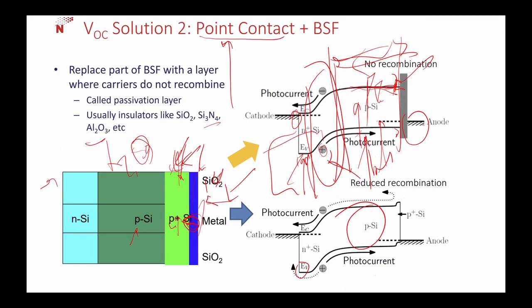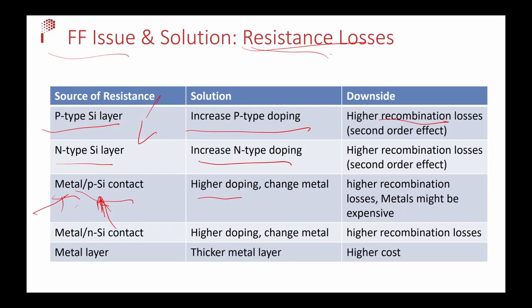So it will increase the recombination. And if we try to change the metal, if we go for platinum, platinum is very expensive. Gold is expensive too. Most of the metal in silicon solar cells is silver.